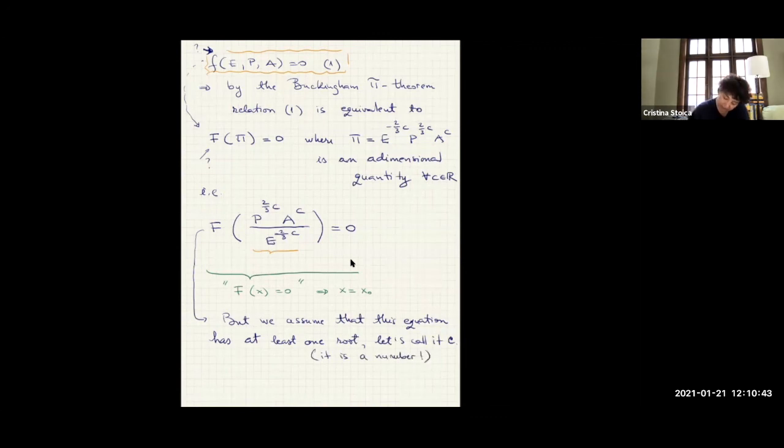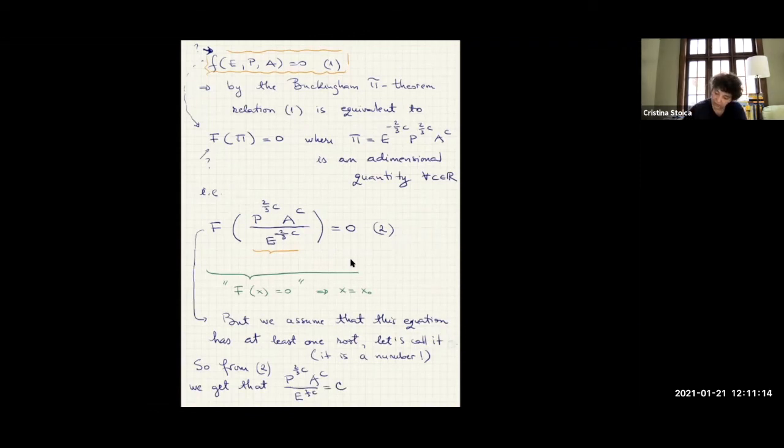So this means that from this equation, let's call it number 2, if we consider that root C, we get that P at 2/3 C times A at C over E at 2/3 C equals a constant.